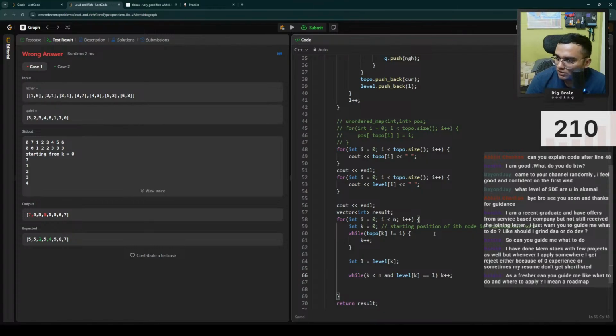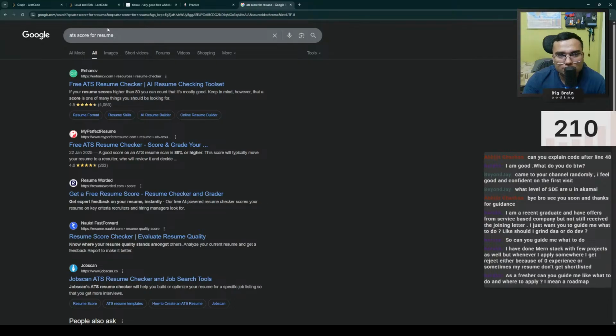I have done MERN stack with a few projects as well, but whenever I apply somewhere I get rejected, either because of zero experience or sometimes my resume doesn't get shortlisted. As a fresher, can you guide me on what to do and where to apply? I mean a roadmap. First of all, there is one ATS checker, ATS score for resume. Search this on Google.